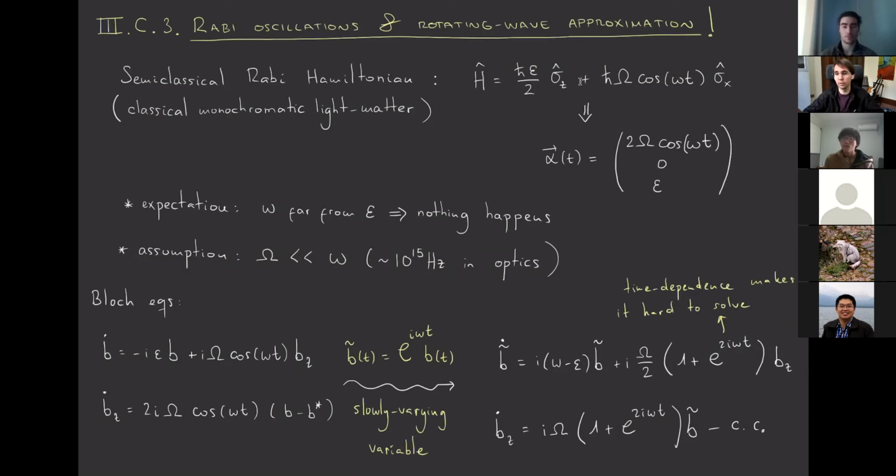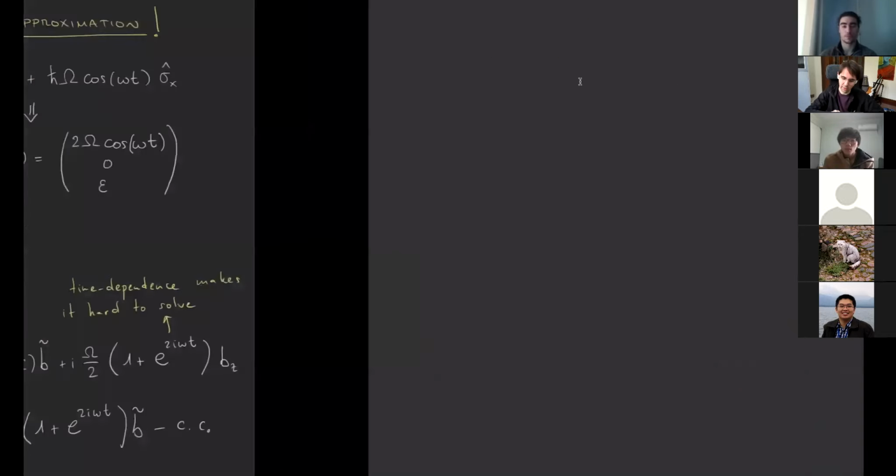And here, what we are going to see right now is that actually these fast terms, these rapidly oscillating terms, we can get rid of them. And this brings me to essentially the most important approximation, together with the two-level system approximation, that you will see in quantum optics, and this appears everywhere in quantum optics, which is called the rotating wave approximation.